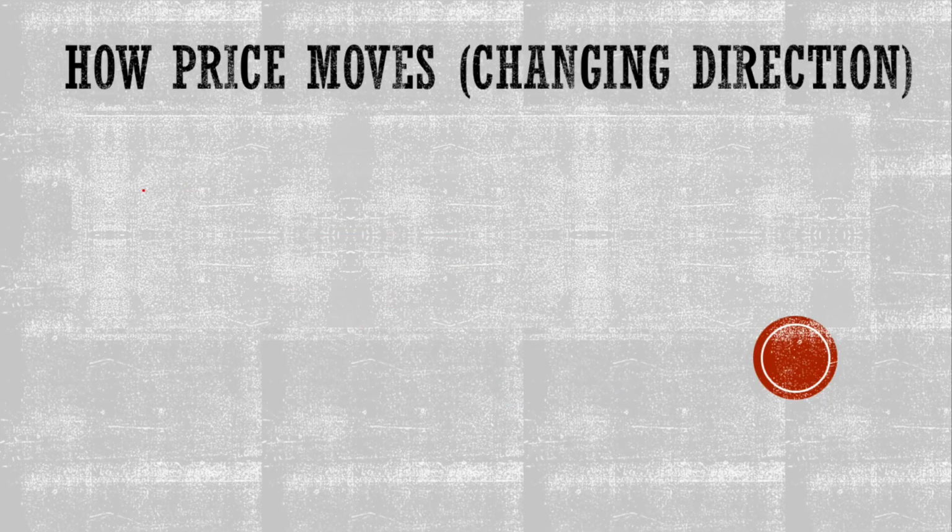All right, so now let's talk about changing direction. Price will not move in one direction forever. It will reach a certain point and change direction. That is why I said, guys, it is very important for you to know market structure, because if price was buying and changes direction to the downtrend, to sell, we want to be looking for sales.